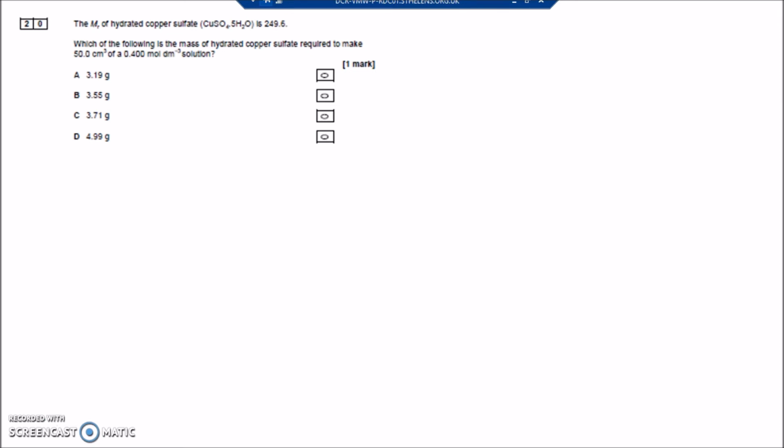I can work out the number of moles because concentration is moles divided by volume, so moles is concentration multiplied by volume. The volume needs to be in decimeters cubed, so a smaller unit going into a larger unit is divided by 1000, so that's 0.05.